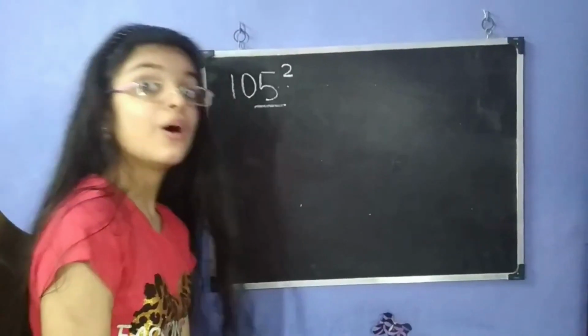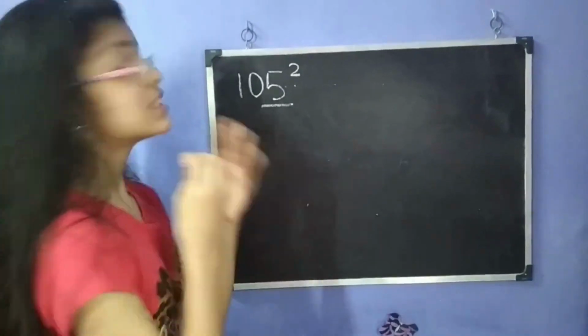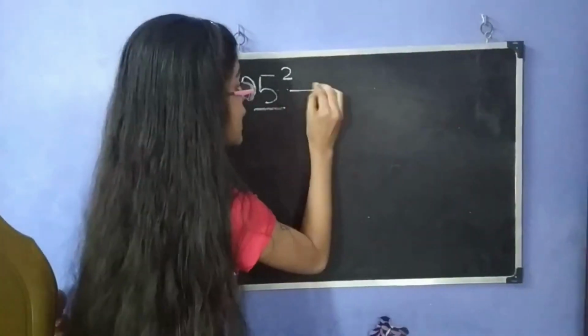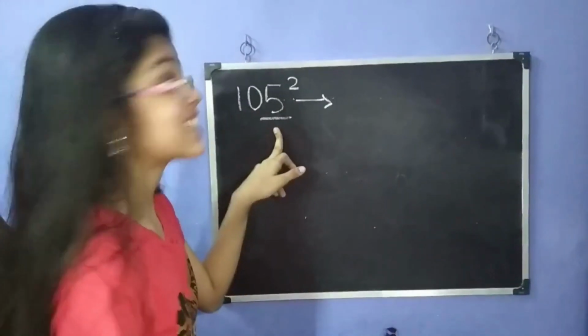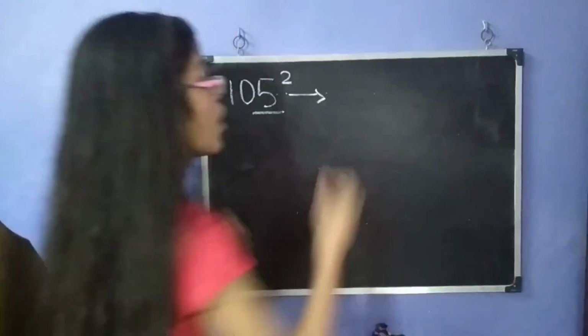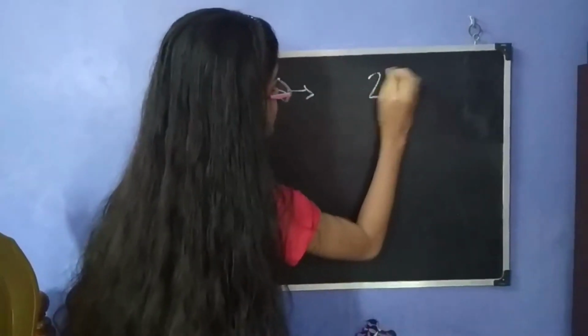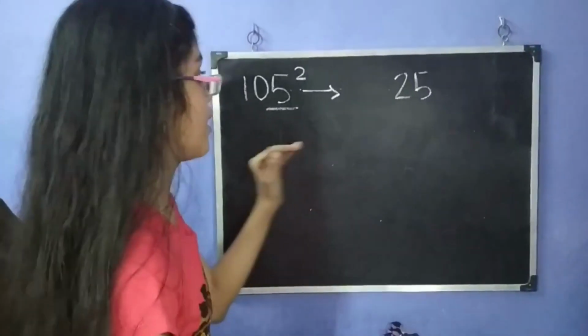Well, listen up, because this is the trick for you. I'm going to put an arrow here. Now, we know that 5 times 5 is 25, don't we? So we instantly know that 25 is going to be the last 2 digits of the square of 105.